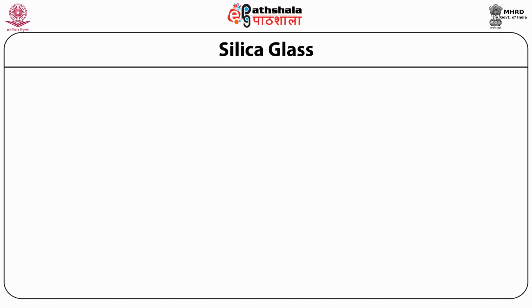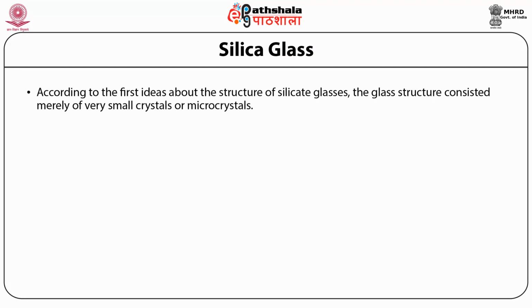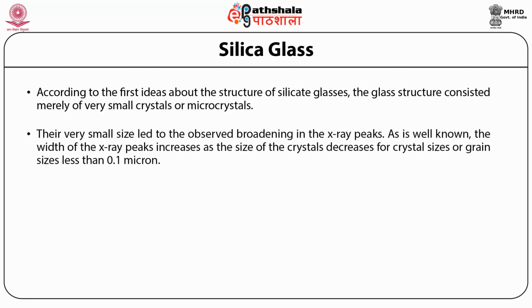So students, before moving further, let's discuss some basic ideas. According to the first idea about the structure of silicate glasses, the glass structure consisted merely of very small crystals or microcrystals. Their very small size led to the observed broadening in the X-ray peaks.